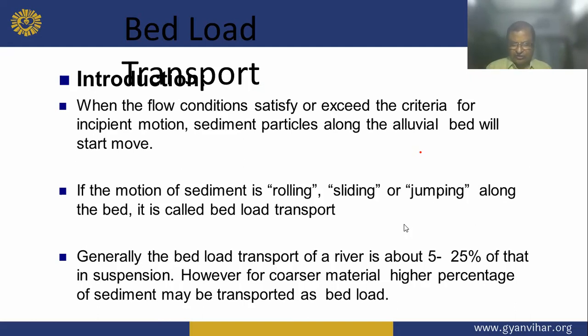Generally, bed load transport of a river is about 5 to 25% of the suspension. However, for coarser material a higher percentage of the sediment is transported as bed load. So this is the sediment load, sediment transport, and this is the formula.